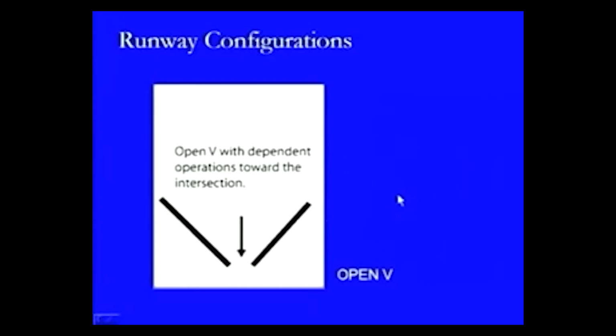So, what we have seen in today's lecture is how to decide about the orientation of the runway and what are the factors which contribute in this particular decision. Then we have looked at the windrose diagram, which is a tool to identify this orientation.